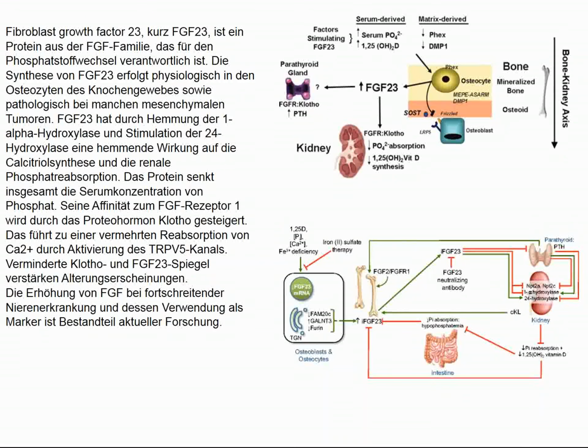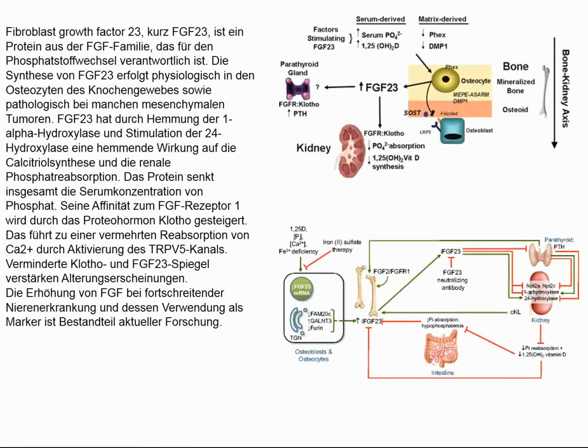The next topic involves fibroblast growth factor 23, which is a relatively recently discovered hormone that's produced by osteocytes. And FGF23 is a phosphaturic hormone.